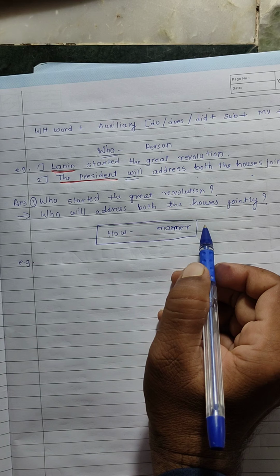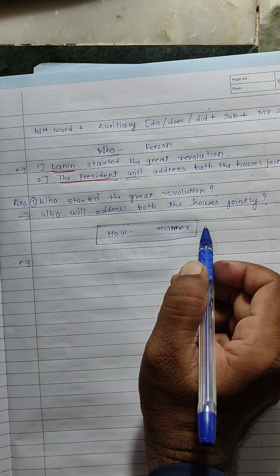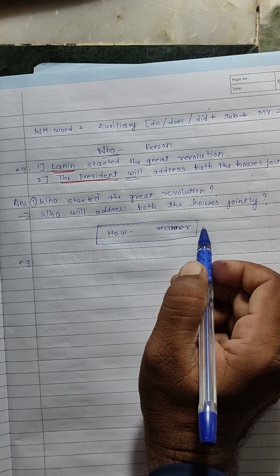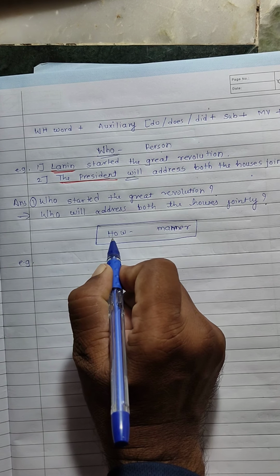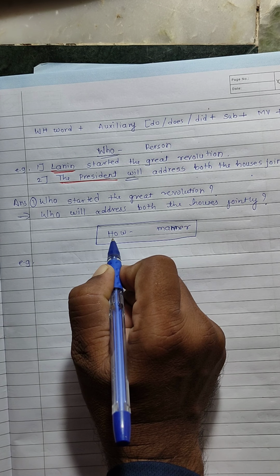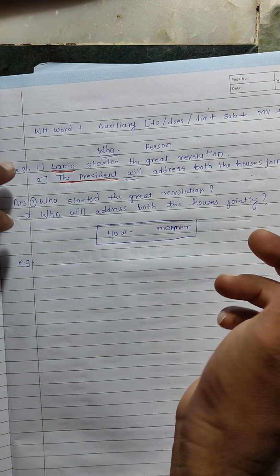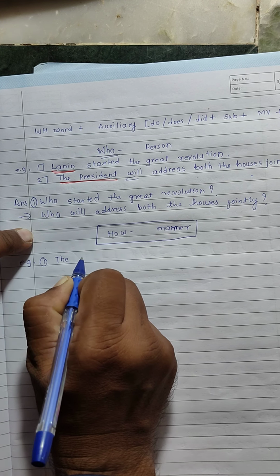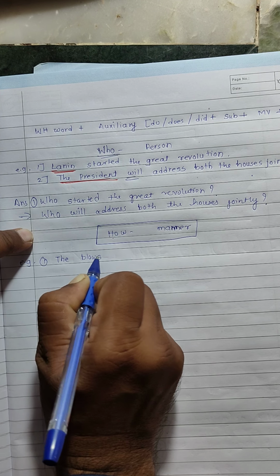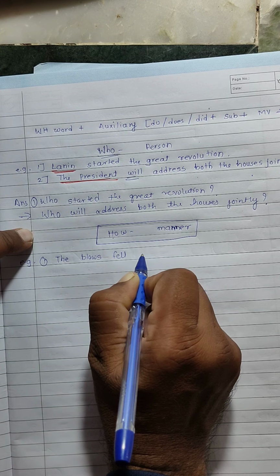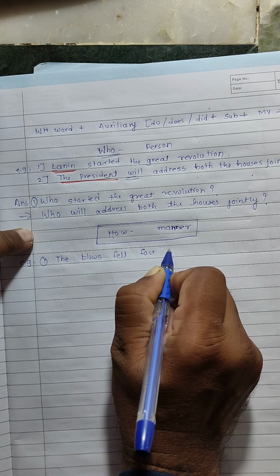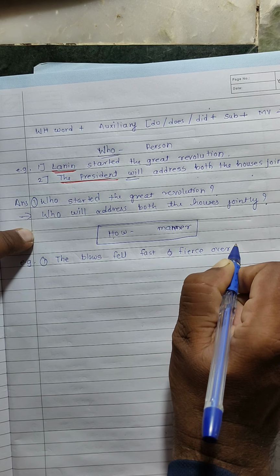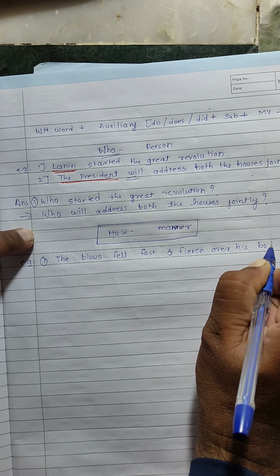If the sentence has an underlined part and that underlined part shows manner or position, at that time we start the question with how. So there is one example here. The blows fell fast and furious over his body.